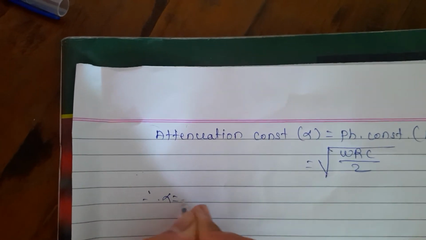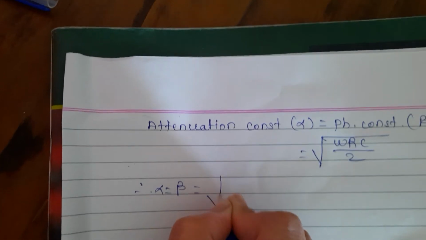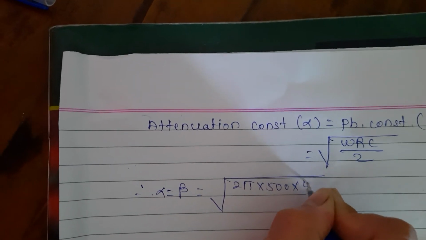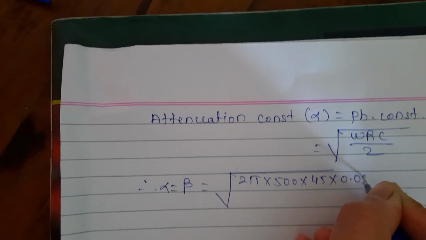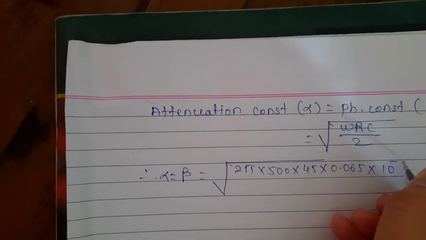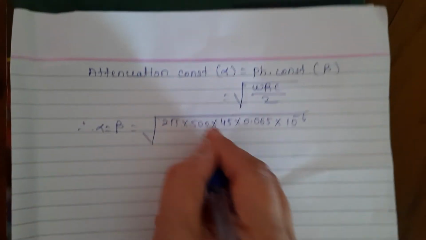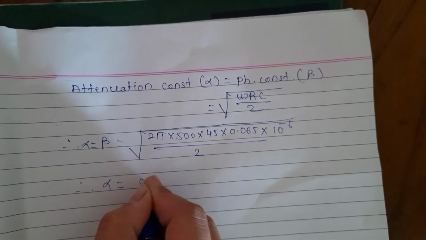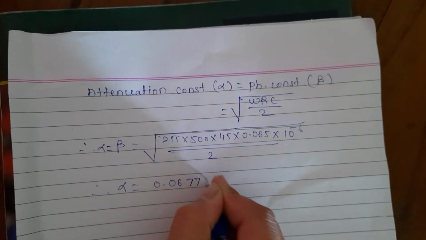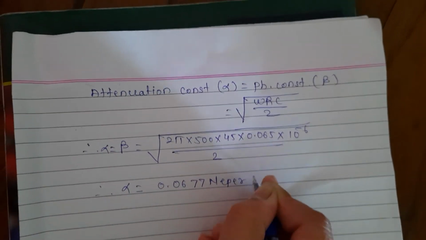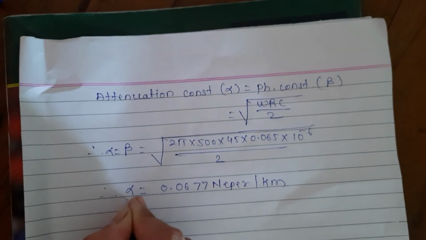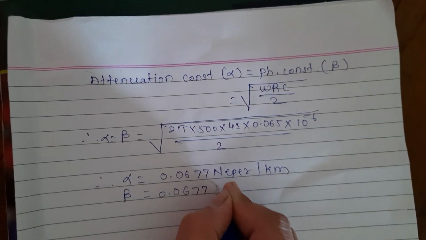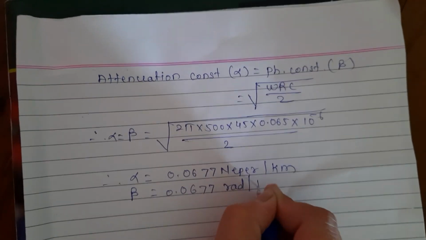So alpha is equal to beta is equal to, omega is 2 pi into f is 500, R is 45, C is 0.065 into 10 raised to minus 6 as it is micro, divided by 2. So this value is alpha is equal to 0.0677 Neper per kilometer, and beta value is same but the unit is different, radian per kilometer.